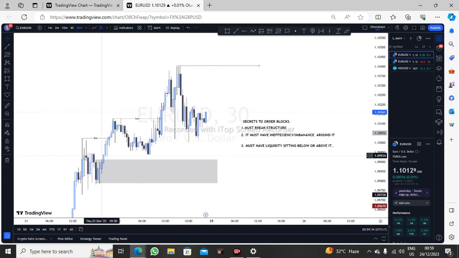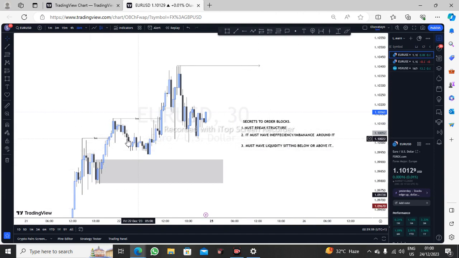If we were to check, yes, definitely it had a little bit of imbalance. The price came back to fill. Even though it didn't tap into this order, it came and filled off all the inefficiency, whereas we all know this is literally a failed order block. So you see, it had inefficiency, price came back, filled the inefficiency, and also must have liquidity sitting below and above it.